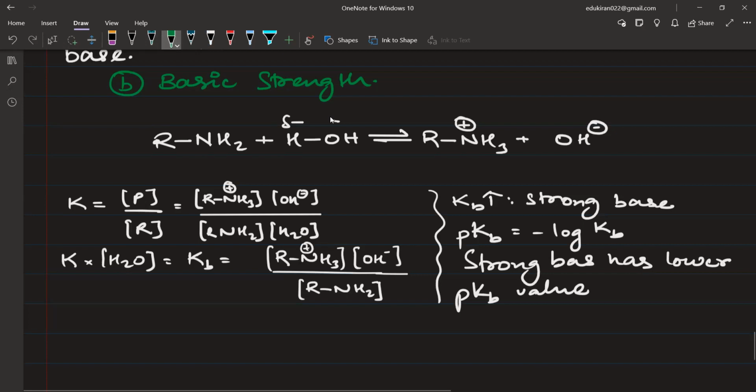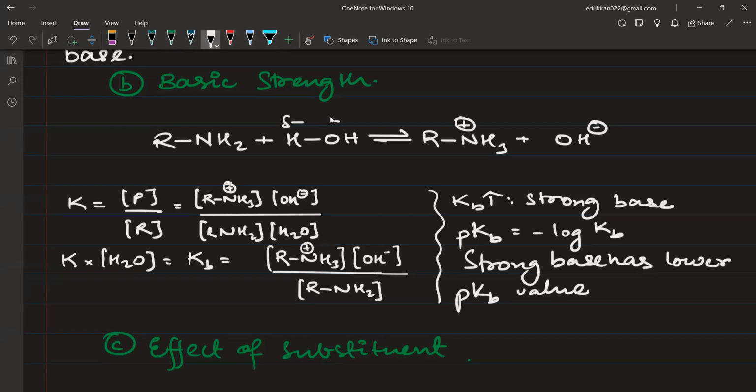Then you will write the third point, effect of substituent. Write it down, let me know once you're done. Write strong base, there is a spelling mistake here on my part. Strong base has lower pKb value.